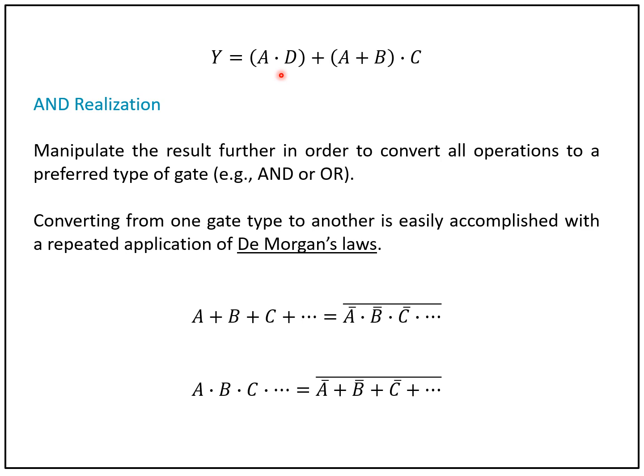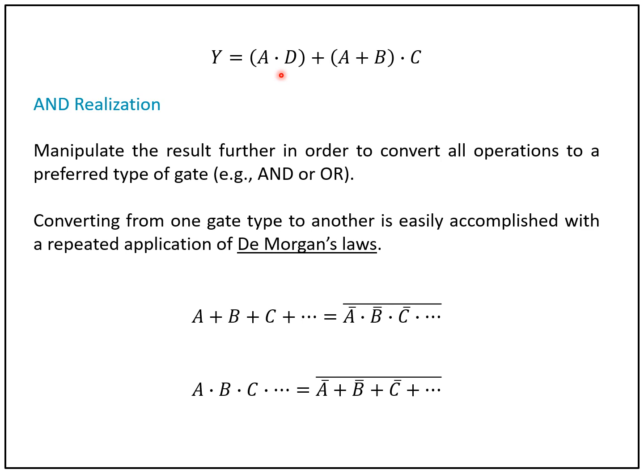Usually it's preferable to have the expression using only one kind of logic, because logic gates come pre-packaged on integrated circuits, usually in groups of 4 or 6. If all the logic expressions are the same, you will minimize the number of integrated circuits needed.